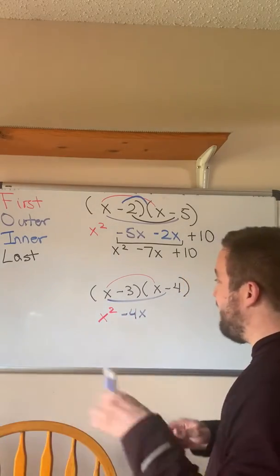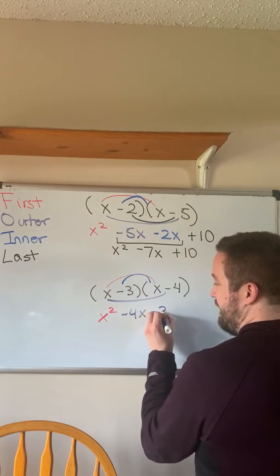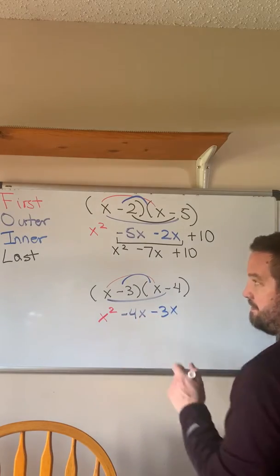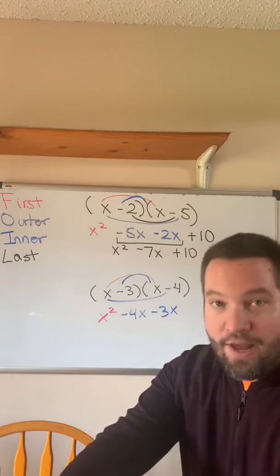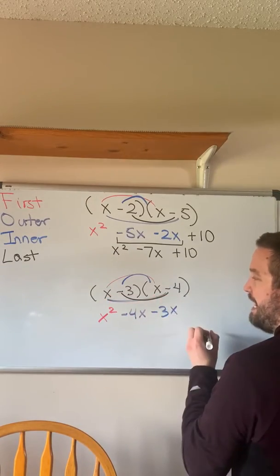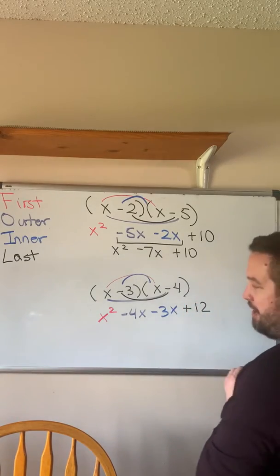Up next, my inside terms: a negative 3 times x, that's a negative 3x. Look here, I've got a negative and a negative. I head over again to my last terms: a negative 3 and a negative 4, which is a positive 12.